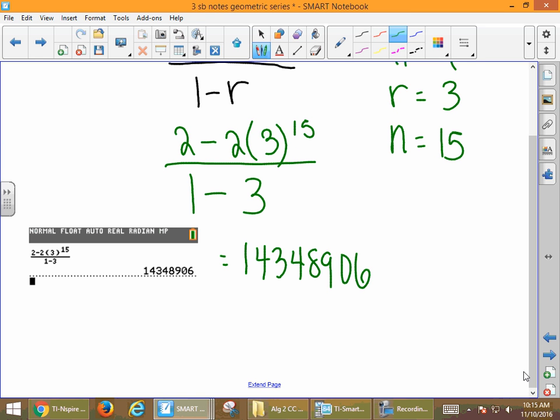But for some reason, it's putting it in scientific notation. But I'm going to skip over here because if you go back and do problem 3, problem 4, problem 5, you're going to find that it's just a matter of identifying what the common ratio is and what the value of n is, and then doing the exact same formula that we did on 1 and 2.